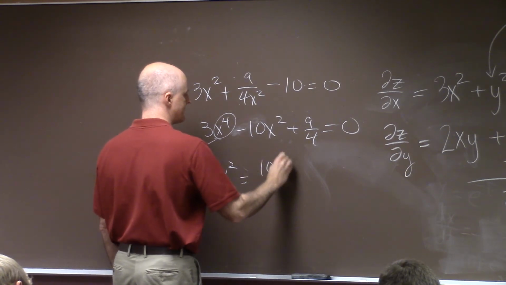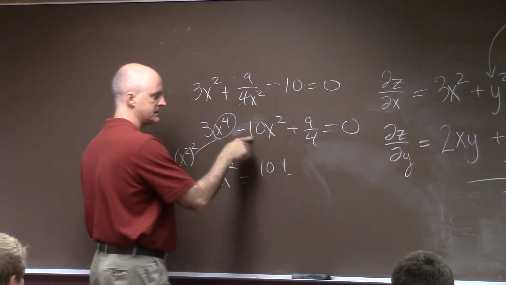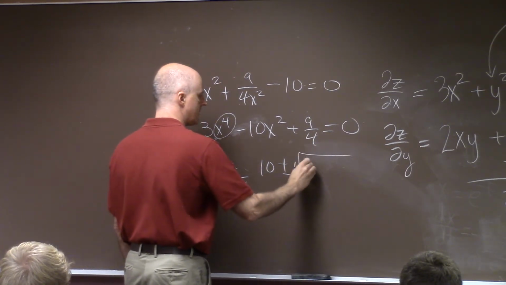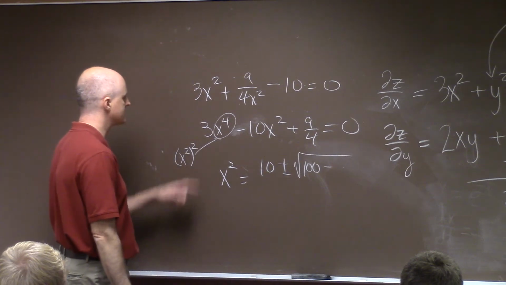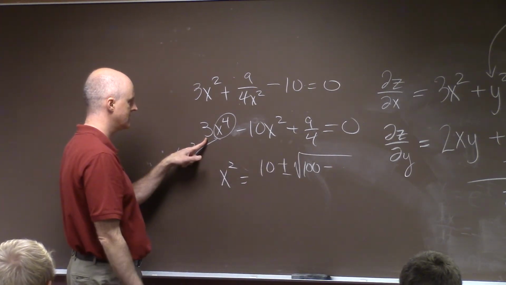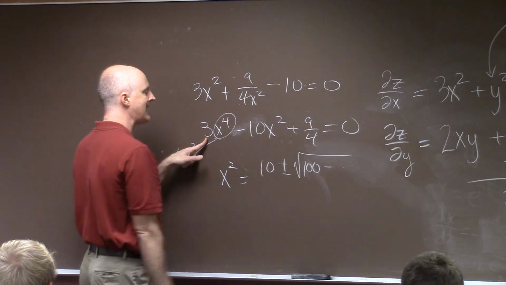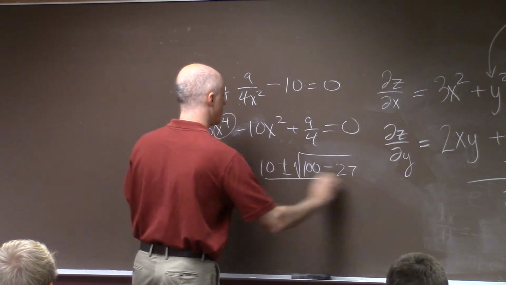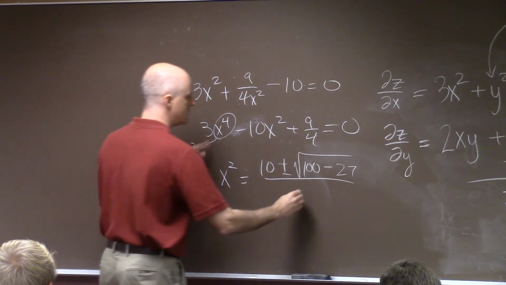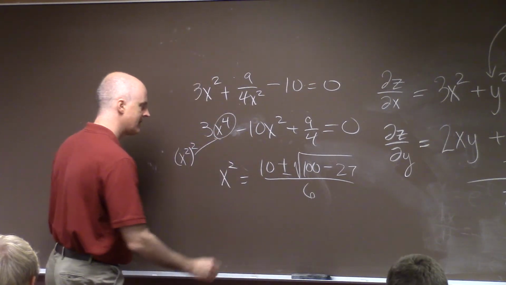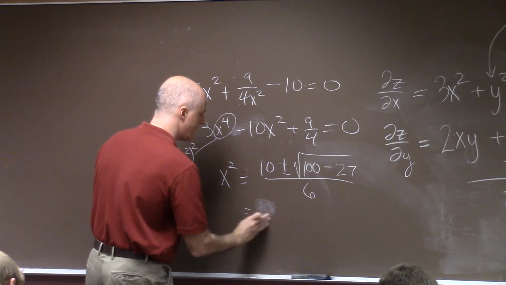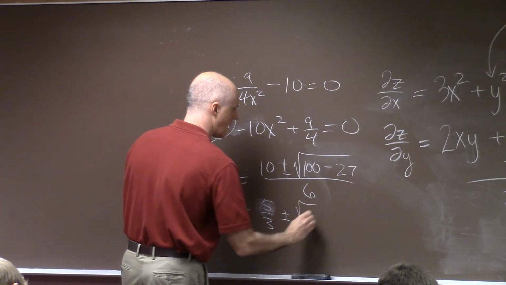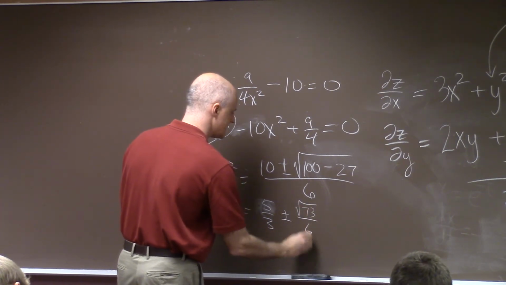So when you do that, you get x squared is 10, the opposite of that one, plus or minus the square root. That squared is 100, minus 4 times 3 times 9 fourths. 4 times 9 fourths is 9. 9 times 3 is 27. Over 2a, that'll be 2 times 3 is 6. 5/3 plus or minus square root of 73 over 6.